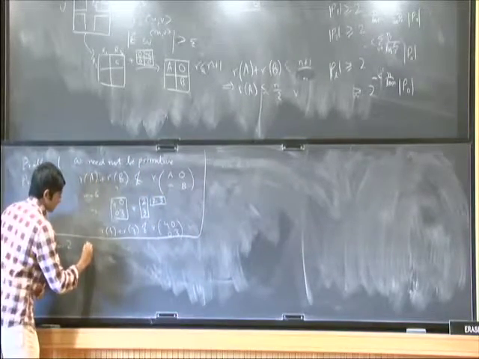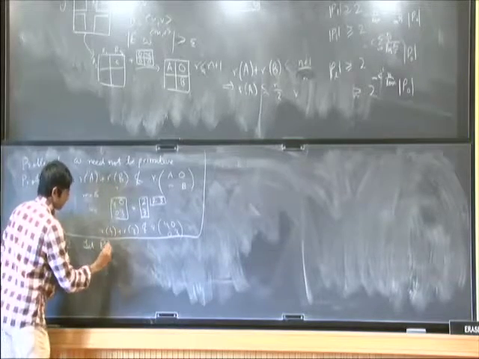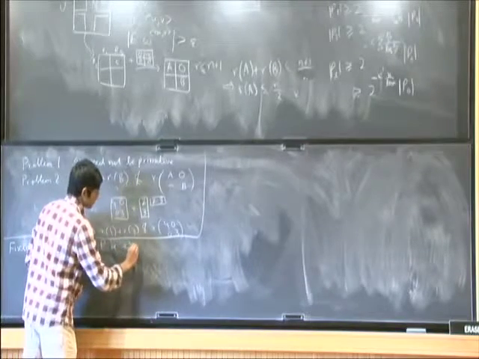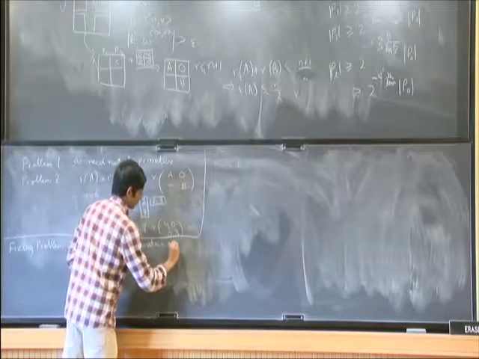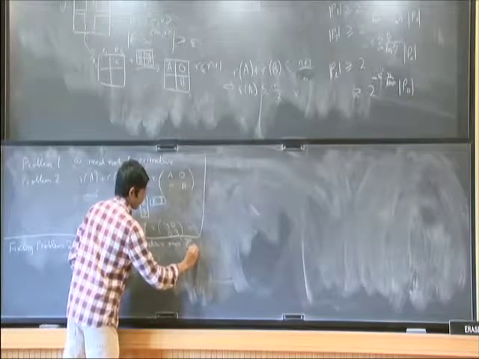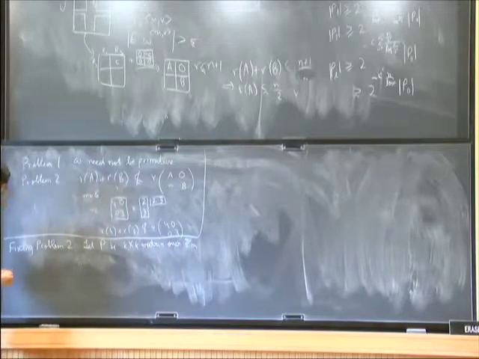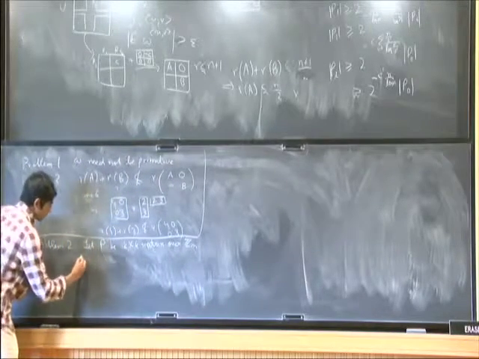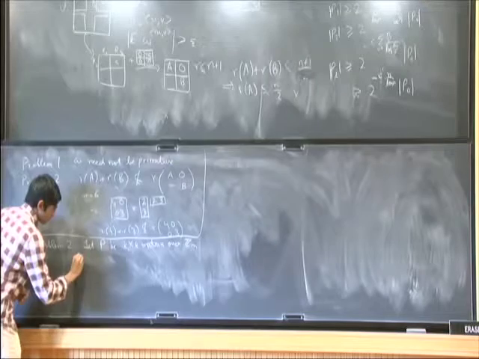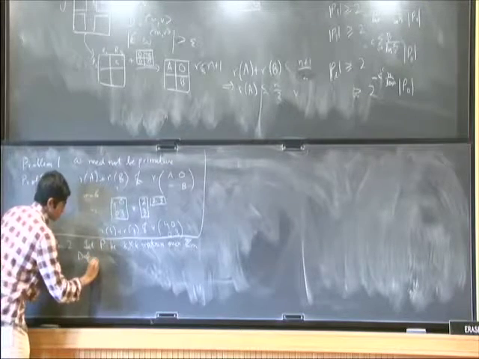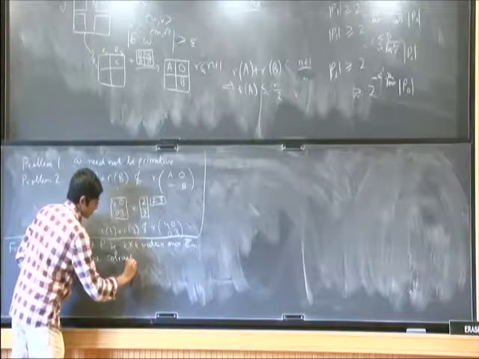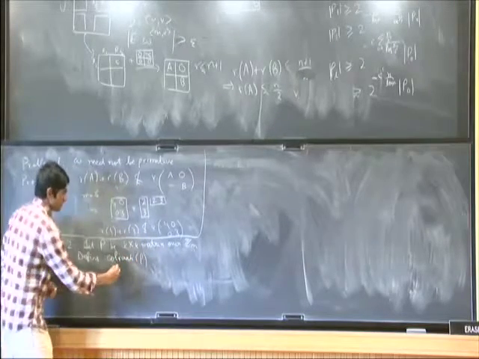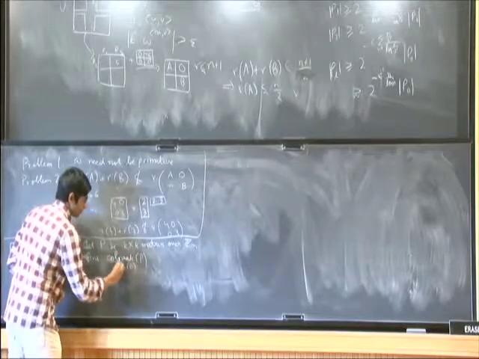So let P be K cross K matrix over Zm. Now define the column rank of P. We shall write CR of P later.